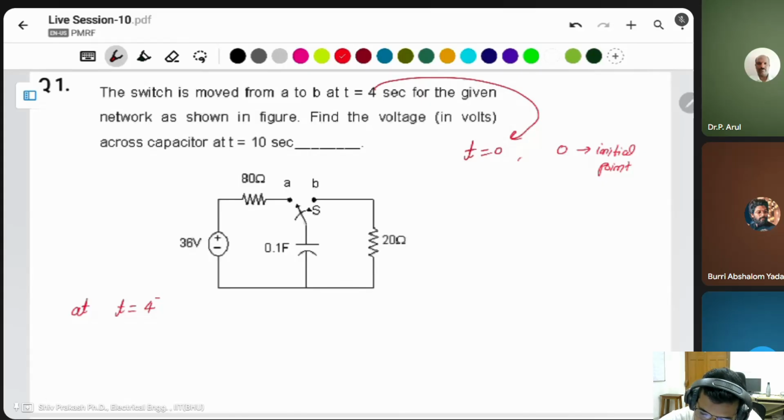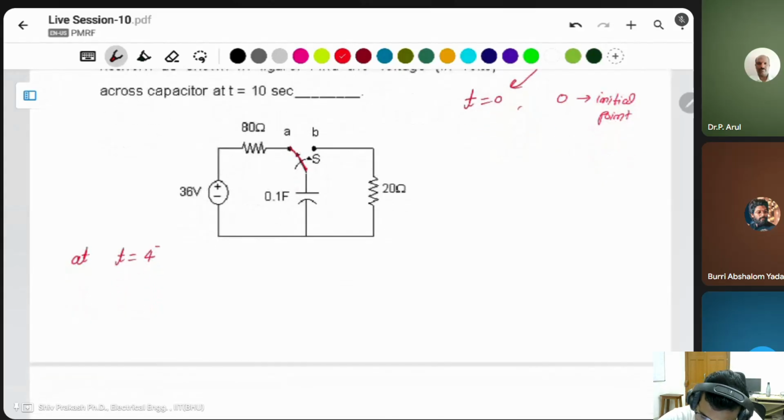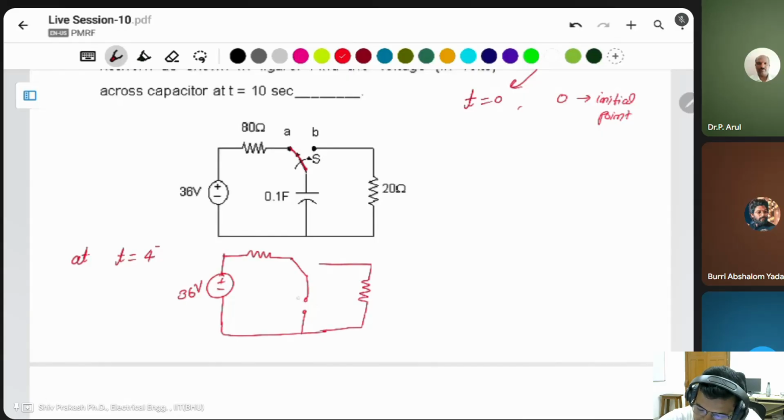At that time the circuit is closed to A, with 36 volt, a resistor of 80 ohm, and the capacitor looks like an open circuit because of the previous steady state, and the remaining circuit looks like that.